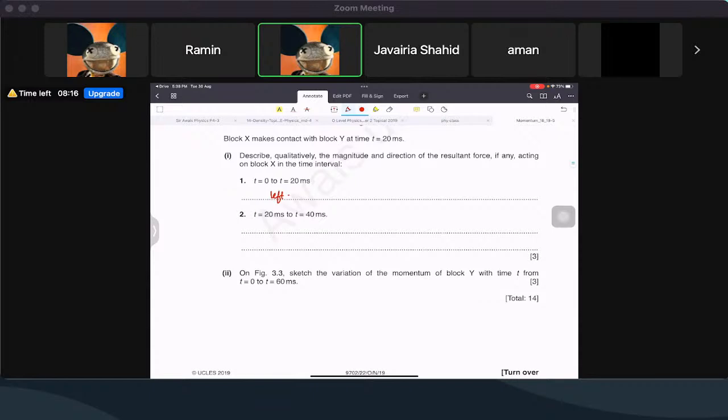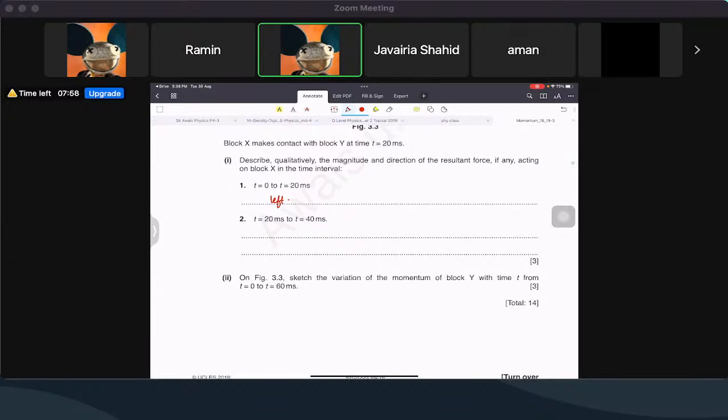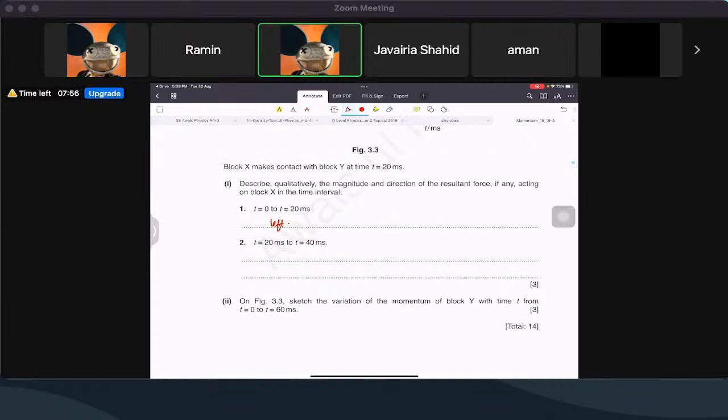Okay. So the next question, from 20 to 40. Now from 20 to 40, the resultant force should be, wait just a second.